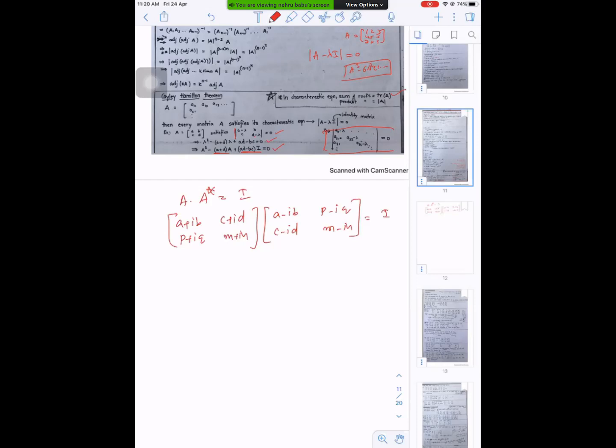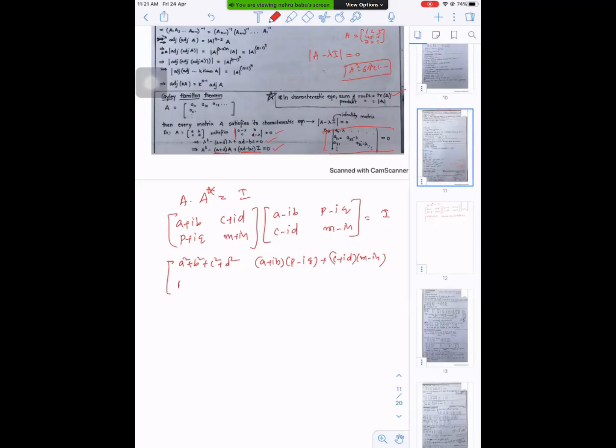Now if you multiply this, what happens? A plus iB into A minus iB plus C plus iD into C minus iD gives A square plus B square plus C square plus D square. Next, this part: A plus iB into P minus iQ plus C plus iD into M minus iN.